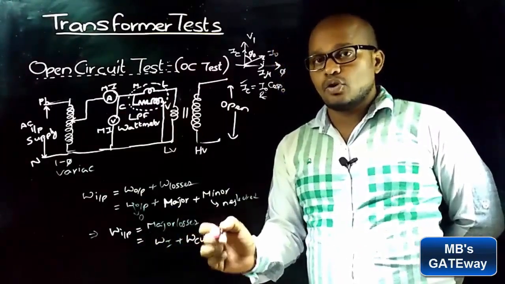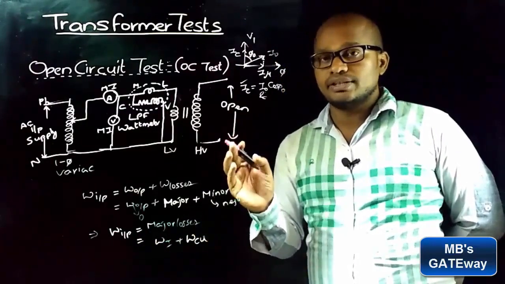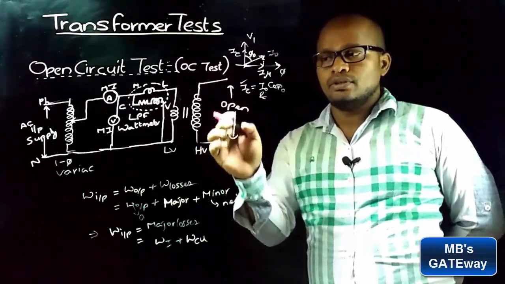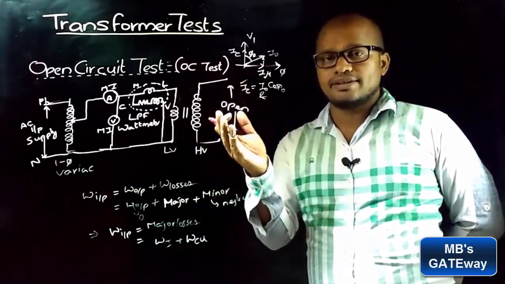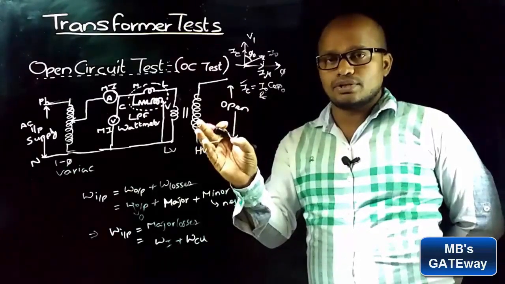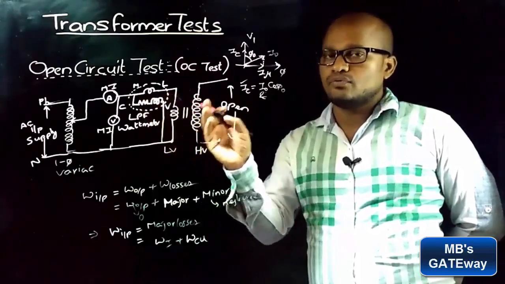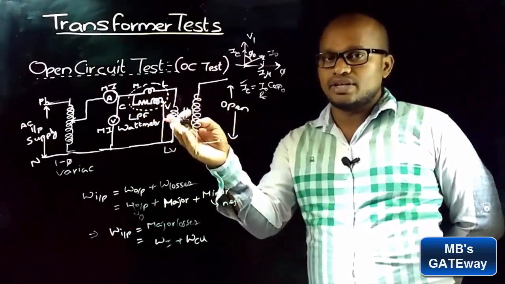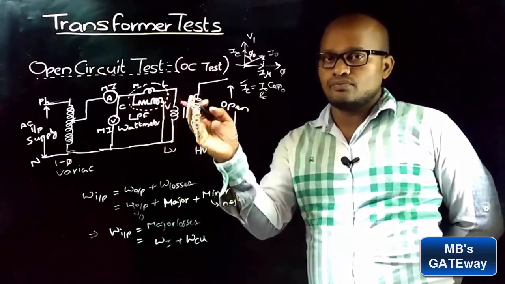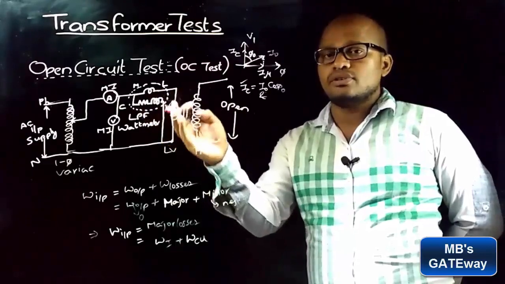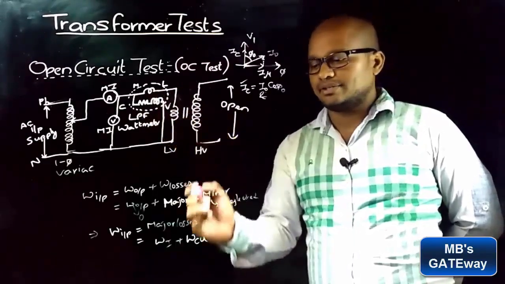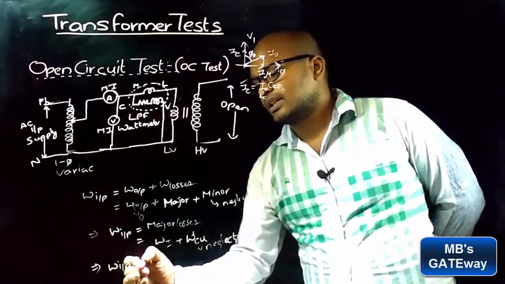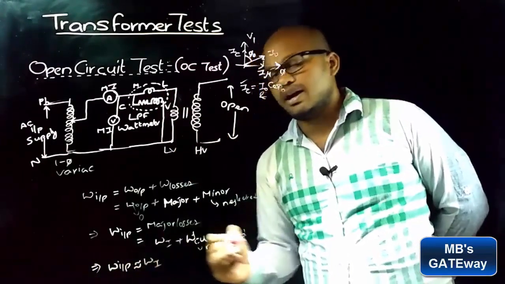As it is discussed that copper losses depend on the current flowing in the winding and resistance of that winding. On secondary side, as it is open circuit, current is 0, so copper loss on secondary side is 0. As this is open circuit test, transformer will draw 4 to 5% of full load current. So as the current in the primary winding is 4 to 5% of full load current, copper losses are very low, which can be neglected. From this, total input power can be taken as equal to iron losses.